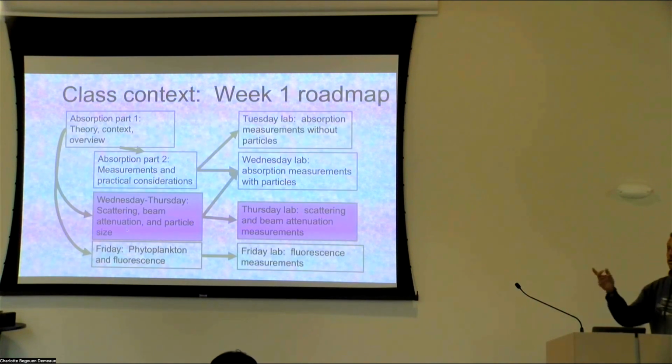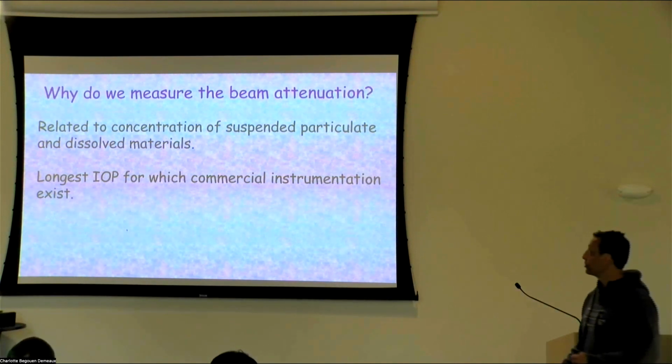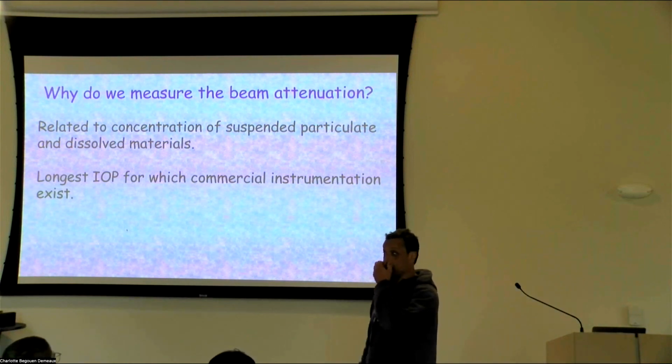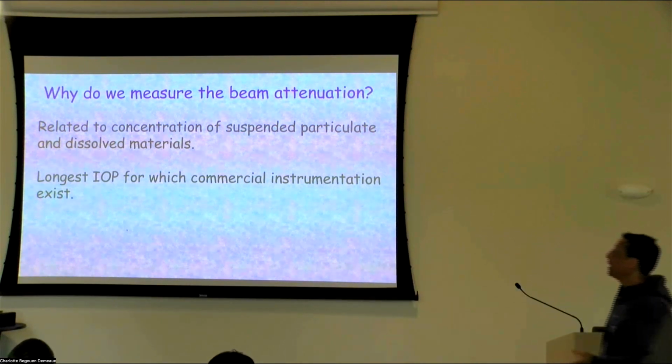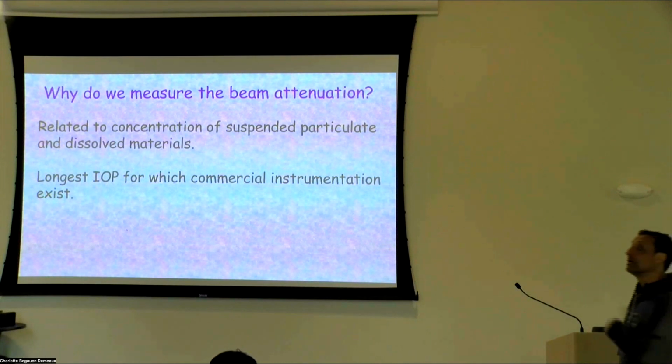Within the context of the class, it's this Wednesday's and Thursday's scattering and beam attenuation build-up. The reason we use beam attenuation primarily is because it relates to concentrations of particles, and it's the longest IOP for which we have commercial instruments. Since the 80s, commercial sensors have been built.